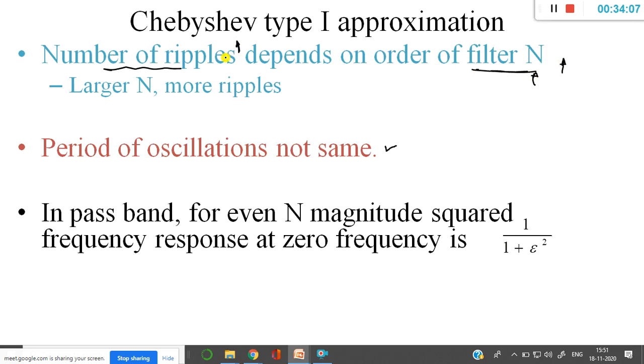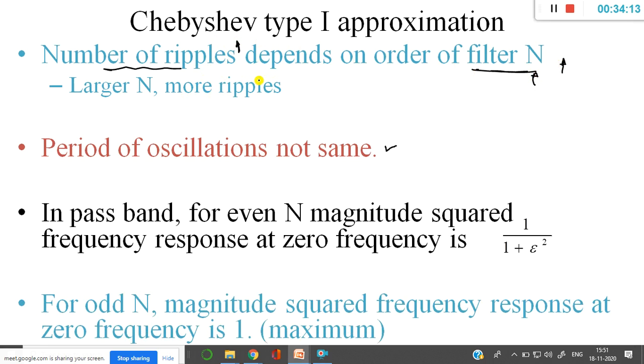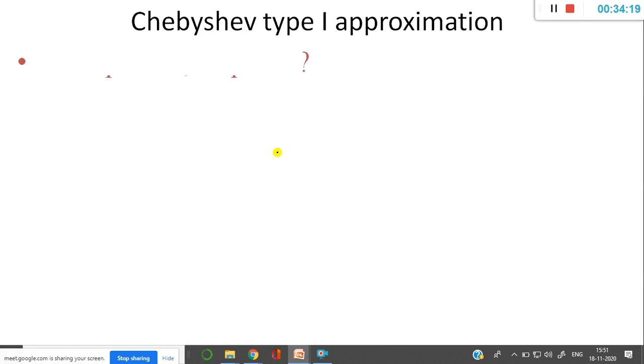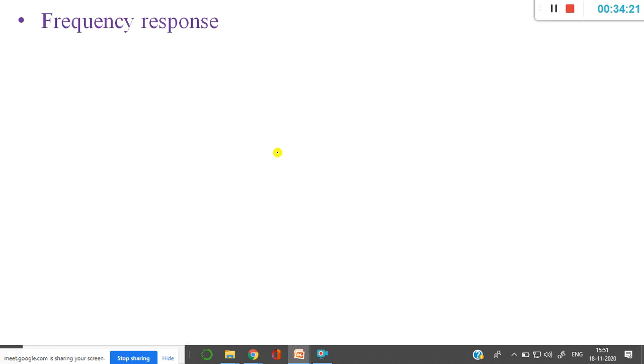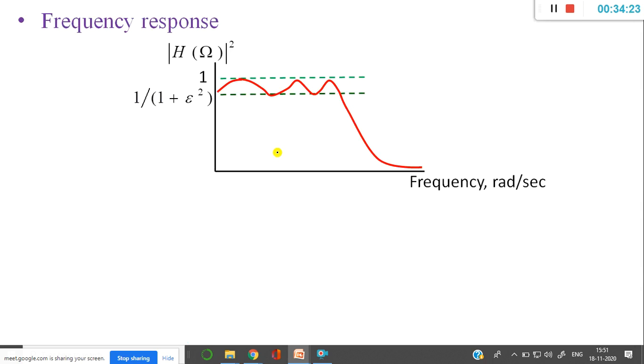If the order increases, the ripples also increase. If the order decreases, obviously the ripples are also less. So this is all about the Chebyshev approximation method, the brief theory. That's it.